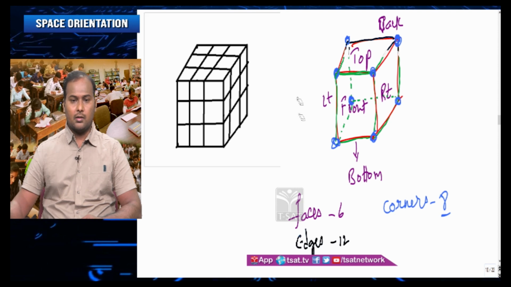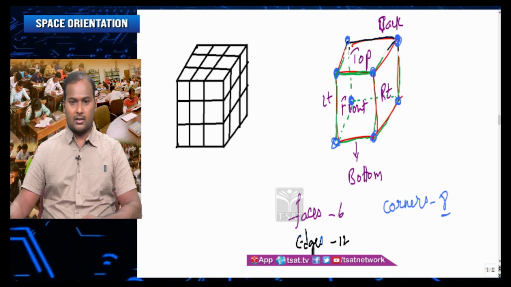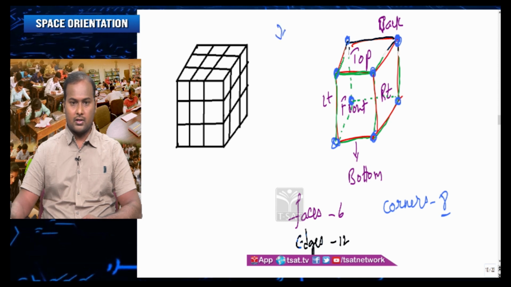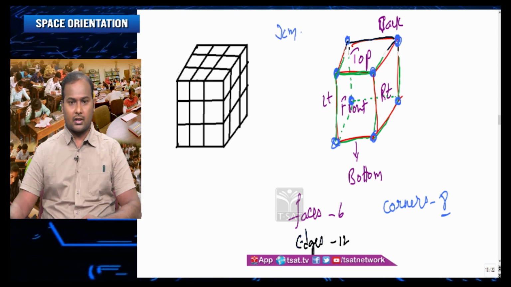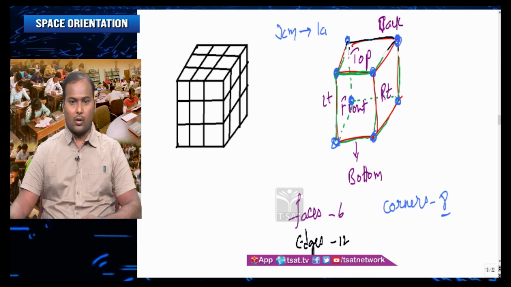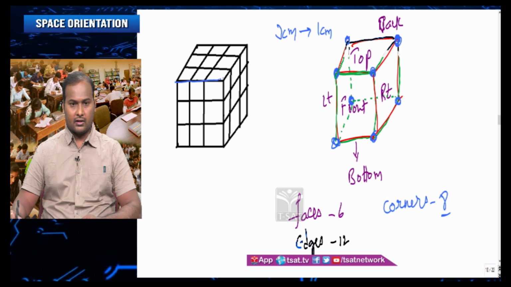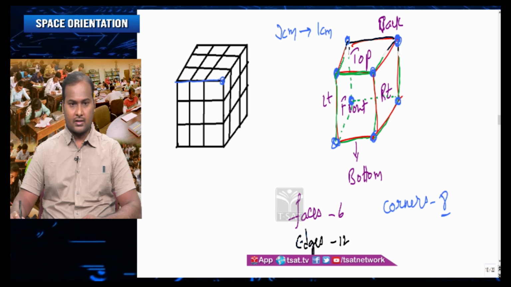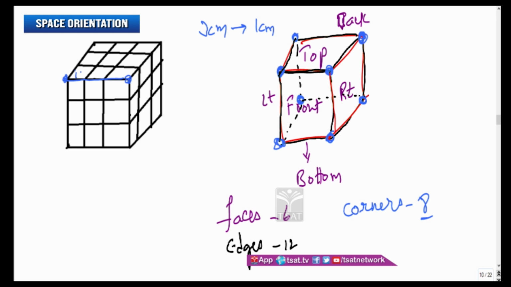Now imagine that a cube is given and the side of the cube is 3 centimeters, and this 3 centimeter cube is cut into size of 1 centimeter. Imagine this entire cube is 3 centimeters. Now I cut this particular cube into 1 centimeter size.